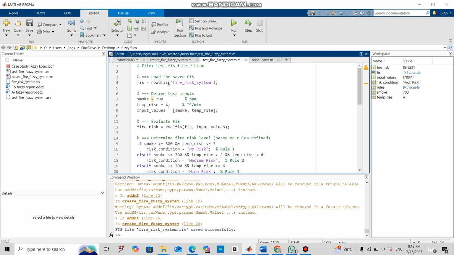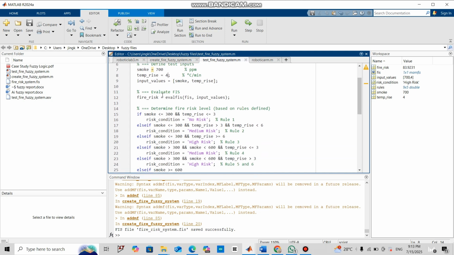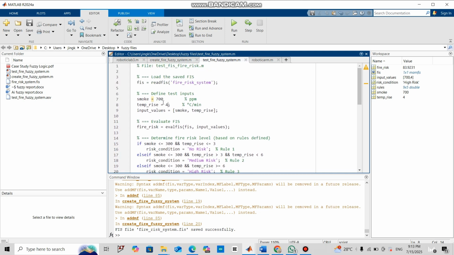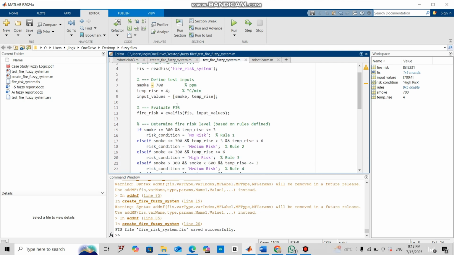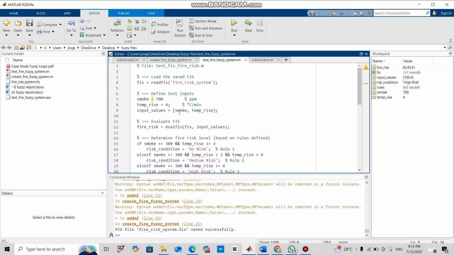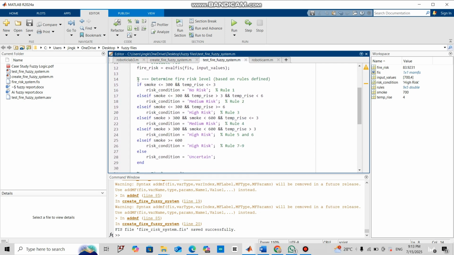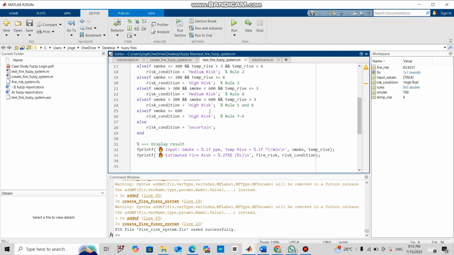After the saved file is loaded, we input the smoke value and temperature value in order to see the output percentage, which is the fire risk level based on the rules I have set just now.